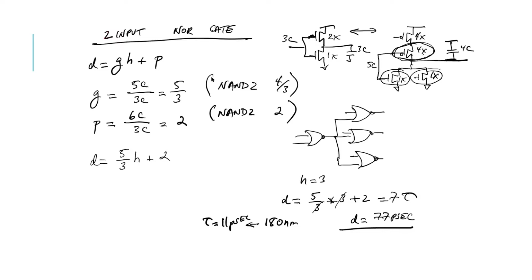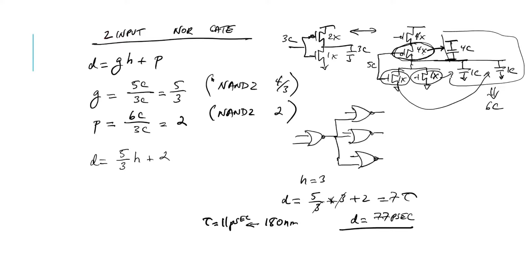So that's the capacitance of the PMOS. Okay, and then the NMOS capacitance is 1C for this first one, and the second one will also have a capacitance of 1C because we kept them at 1x size. So we just summed these up, and it ended up being 6C. Oh, okay, thank you. Sure.